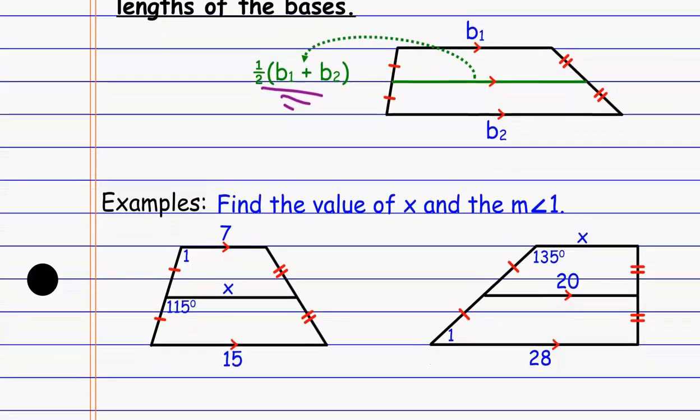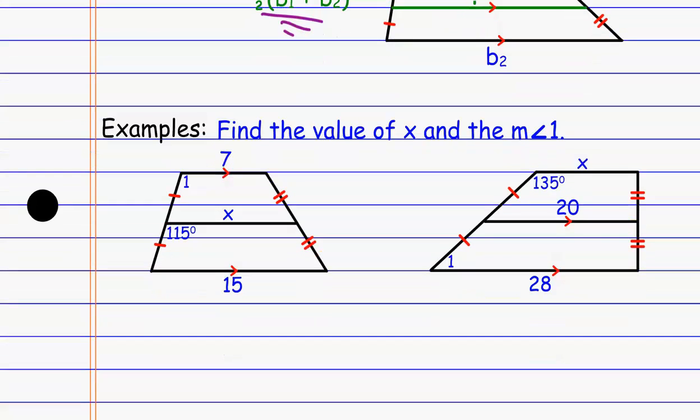For example, here it asks me to find the value of x and then find the measure of angle 1. We're going to use the fact that we have parallel lines to find the angle measurement. We're going to use that 1/2 times b sub 1 plus b sub 2 to find the value of x. So first, let's find x. The midsegment is just going to be 1/2 the sum of the bases, so x is going to equal 1/2 times b sub 1 plus b sub 2, which is 15 plus the other base.